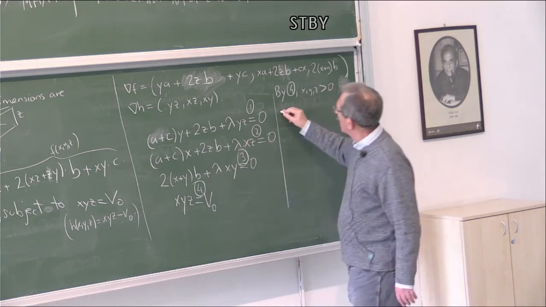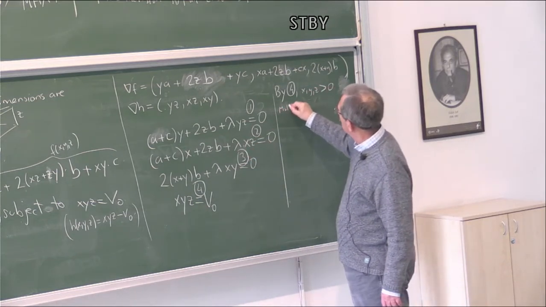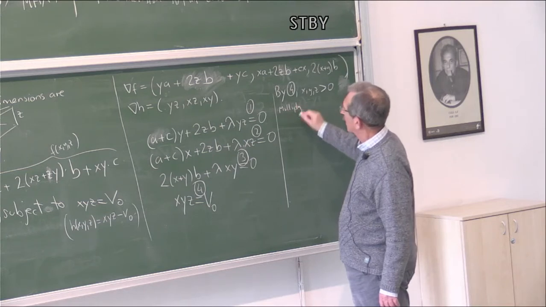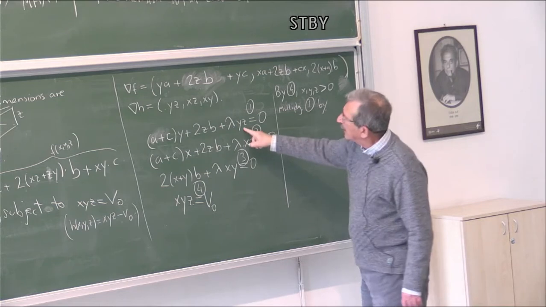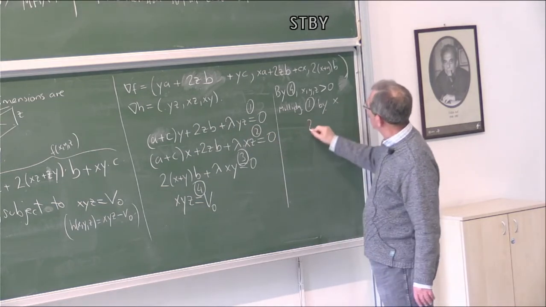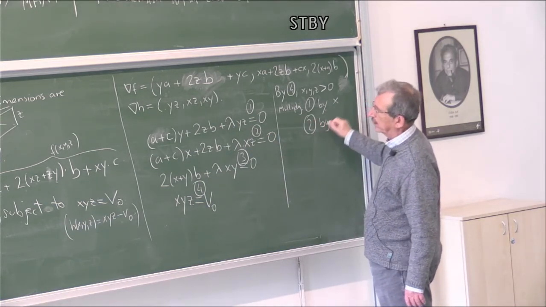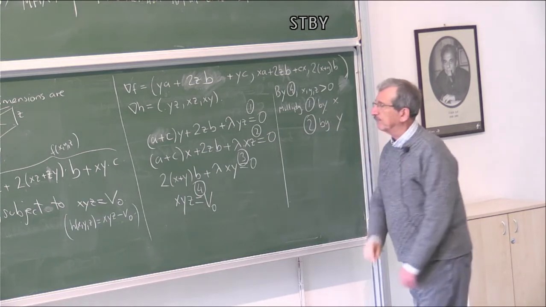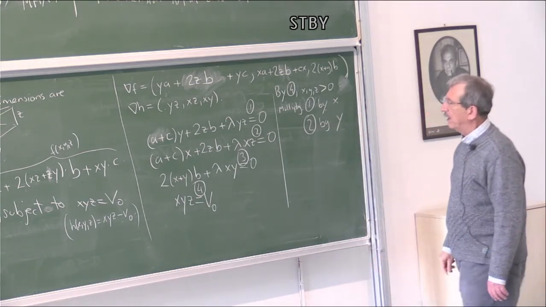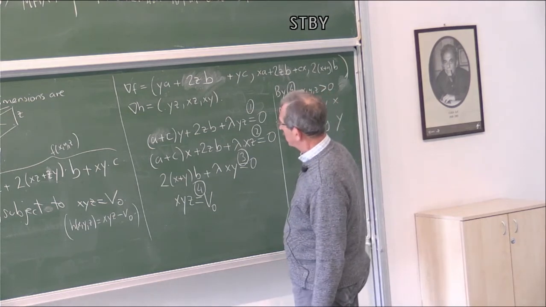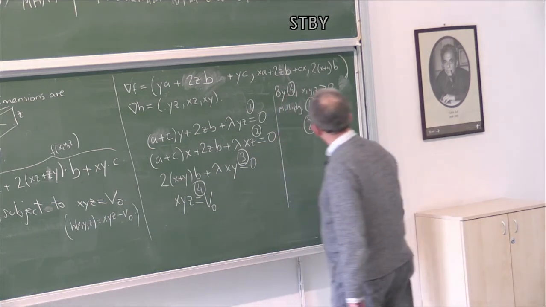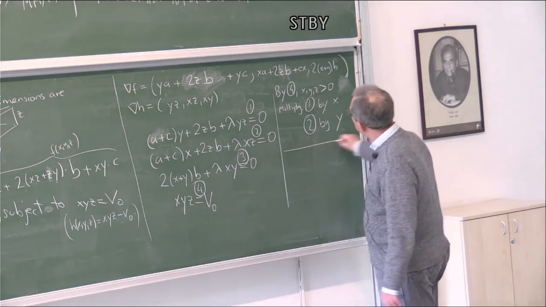Now multiply 1 by x, 2 by y, and that much is enough for the time being, and obtain the following.